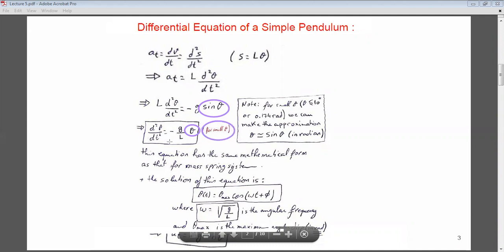Now let's look at this equation. d2 theta by dt squared equal minus g over L theta. Does this remind you of any other equation? Does it remind you of this equation? d2x by dt squared equal minus omega squared x.